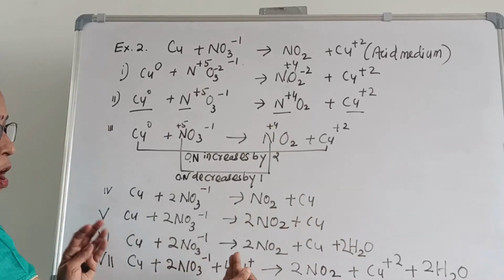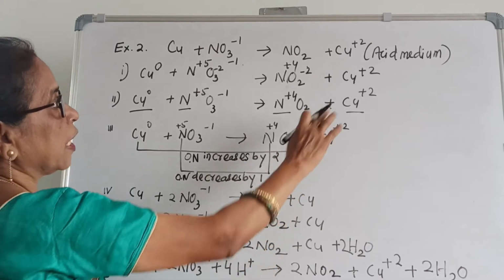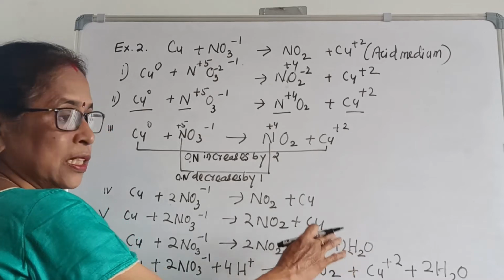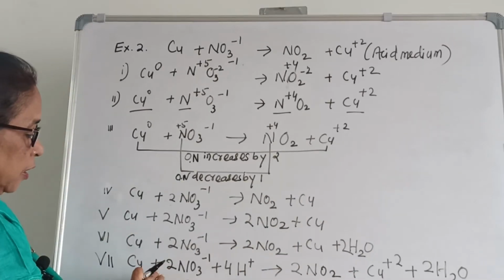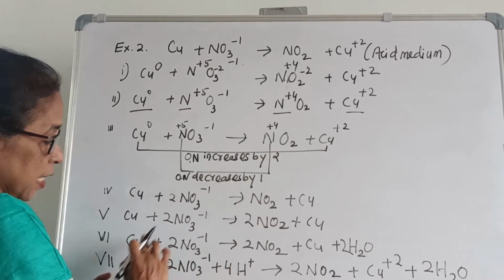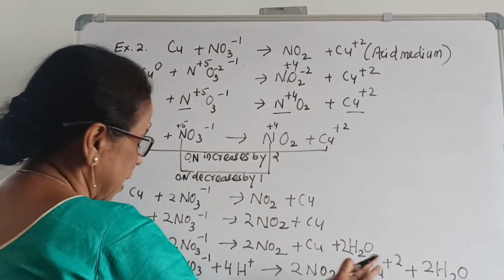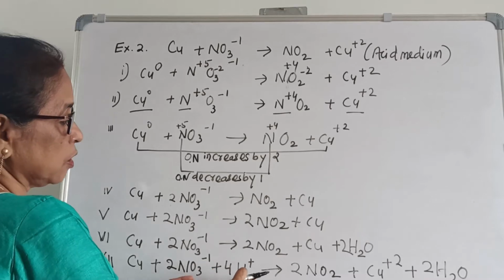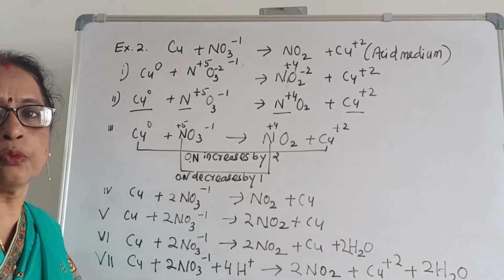That is why on the reactant side we will put 4H plus, because it is acidic medium and there is a deficiency of hydrogen. Now it is totally balanced: Cu, 2NO3 minus, 4H plus gives 2NO2, Cu 2 plus, and 2 water.